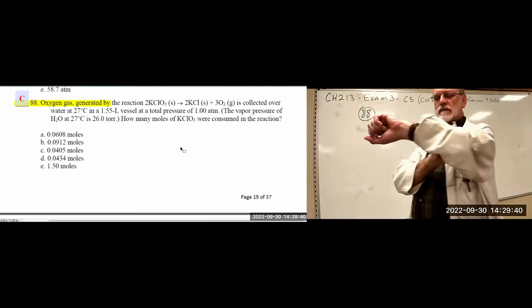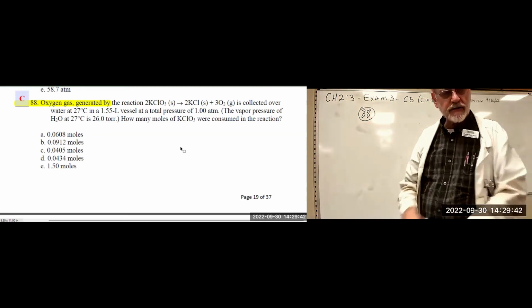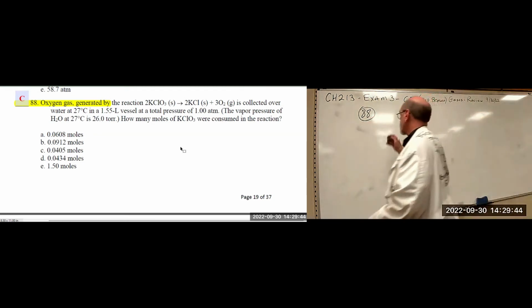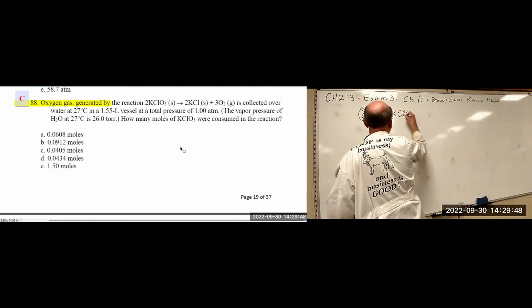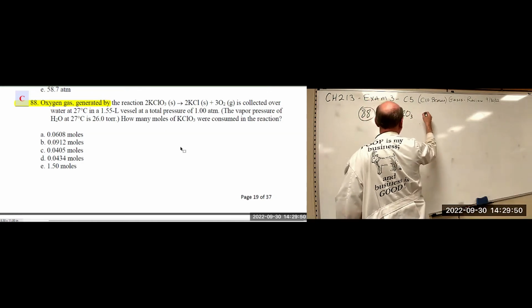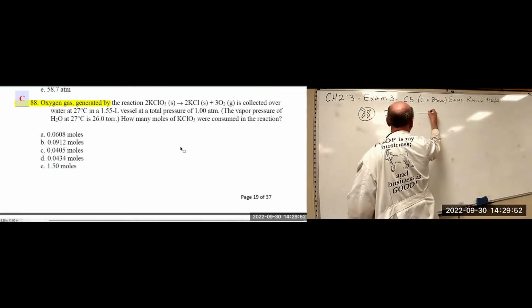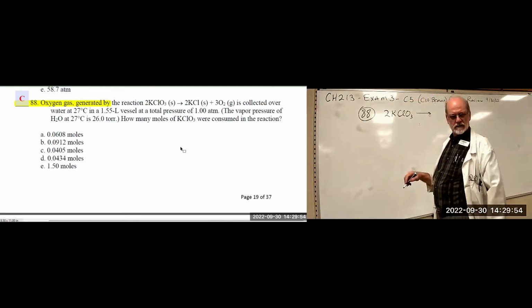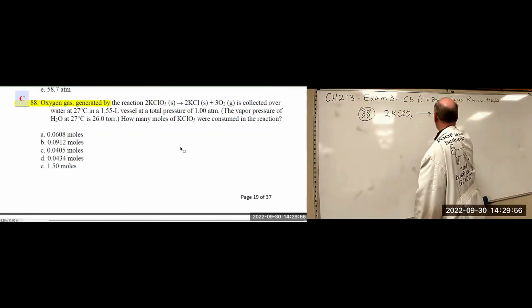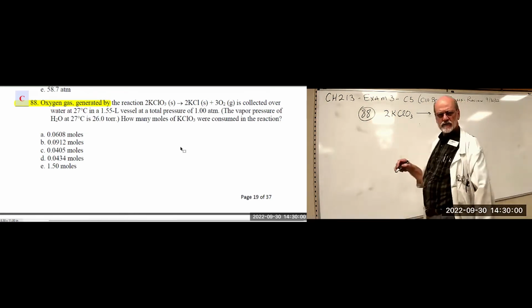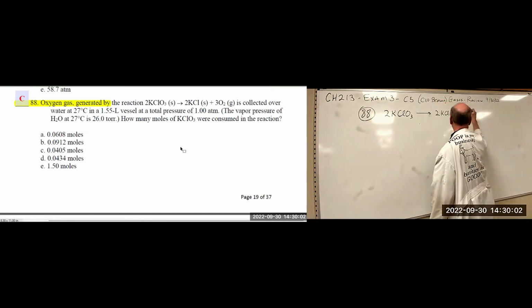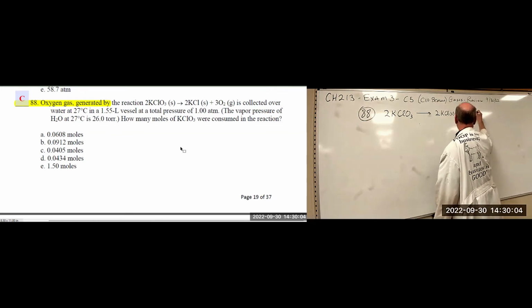Good. A half hour. Oxygen gas generated by this reaction: 2 potassium chlorate yields 2 potassium chloride plus how many oxygens? 3. All right.